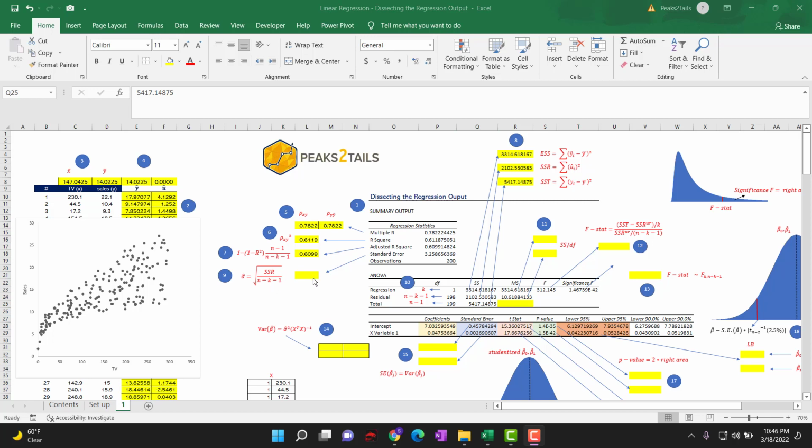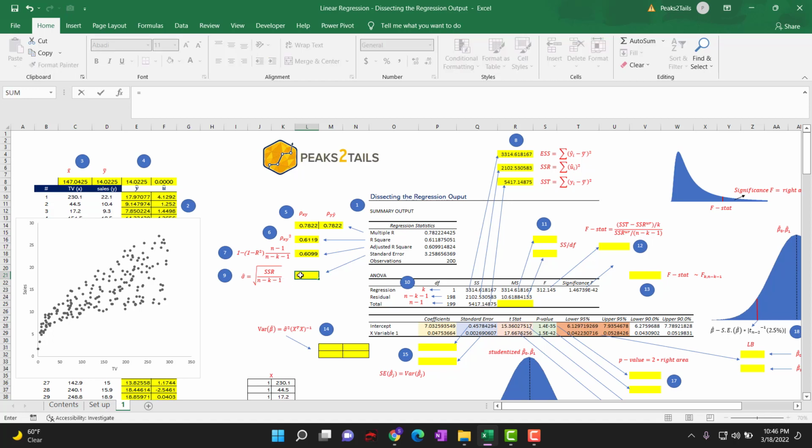Next, let's calculate the standard error of regression, which is nothing but the estimation of the standard deviation of the error term. And that's given as square root of the sum of square residuals divided by the degrees of freedom of the residuals.